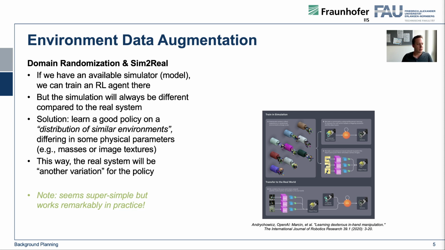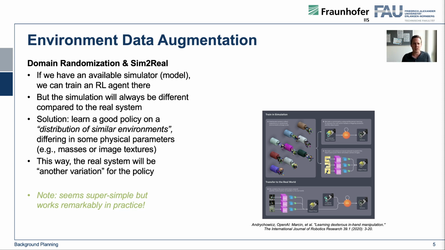If you remember, for instance, the cart pole example that came across a lot of times, you can maybe change the mass of the cart a little bit, or the length of the pole, and you can change physics to generate a distribution of different environments, and let your RL agent train on this distribution. This helps a lot to increase robustness of your reinforcement learning agent, and there is enough hope that you have then trained a policy that you can more easily transfer to the real world.